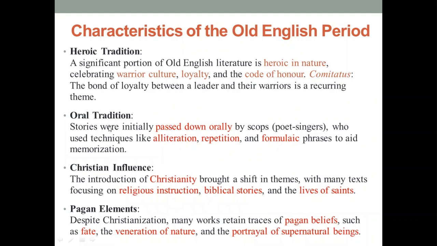So that is the second characteristic of the Old English period.